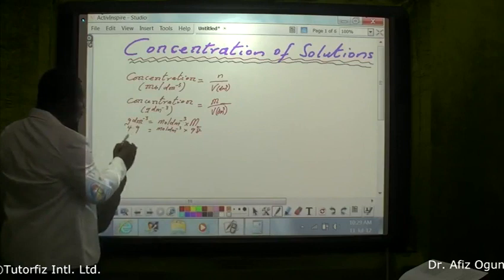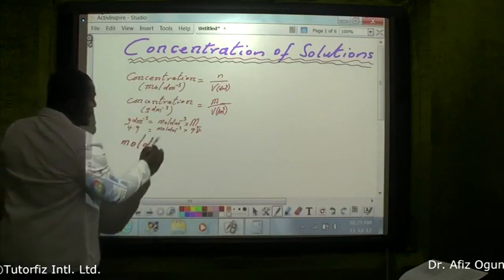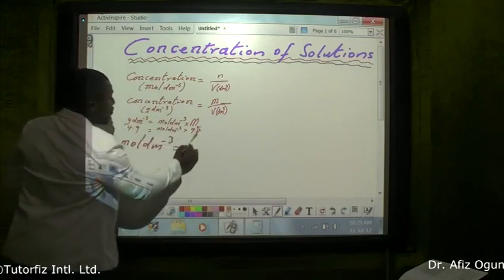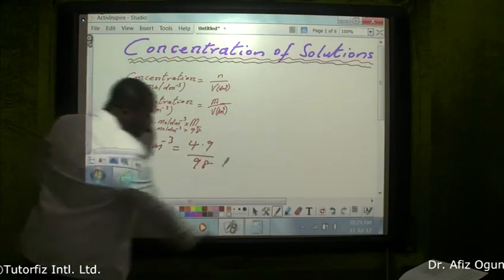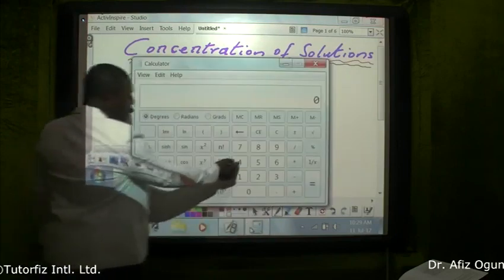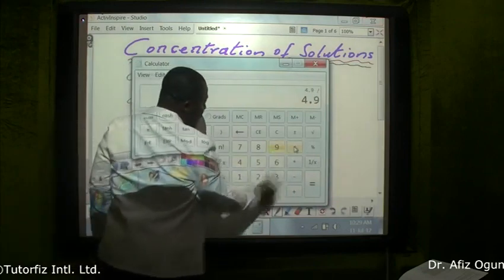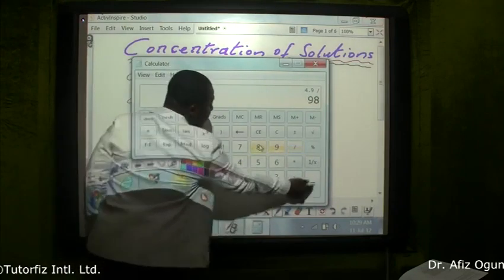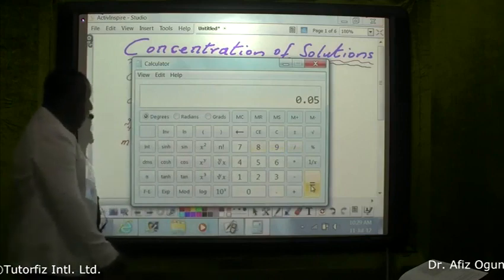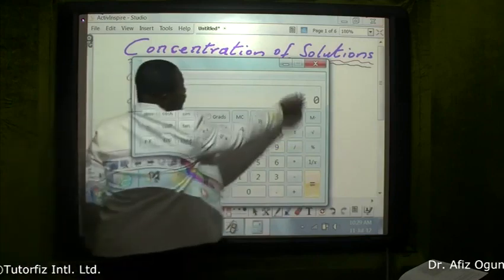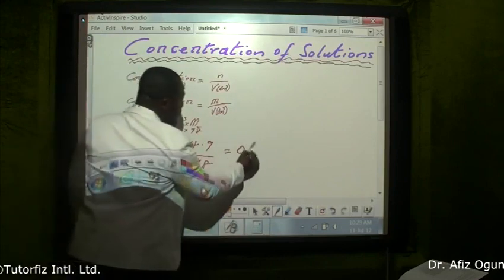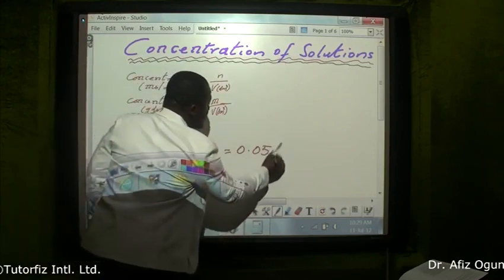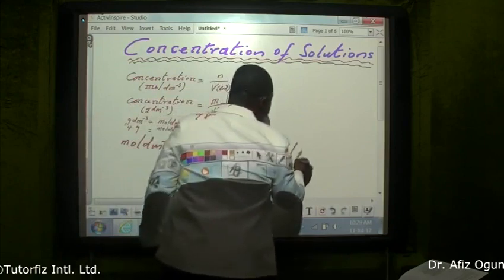Now I'm looking for mole per dm cube. So from here, mole per dm cube will be equal to 4.9 divided by 98, and it gives us 0.05 mole per dm cube.